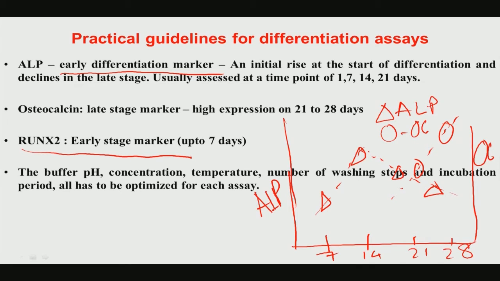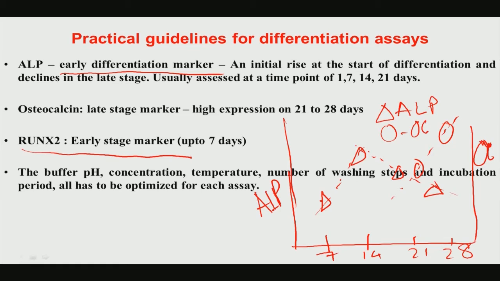So, in a nutshell, what I am trying to explain to you is that if one measures ALP and osteocalcin expression at different time points in culture, one would see that if osteoblastic differentiation is taking place, then this ALP expression would increase during the initial stage, up to 2 weeks in culture.